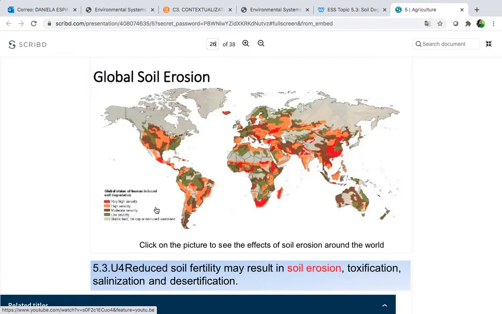Those are good news. But we have countries like, let me check, very high severity in Central America. We have countries with those problems, or high severity, as you can see, Peru, Chile, some parts in Brazil. Brazil has many different patches around. So that is the problem with soil erosion, okay?